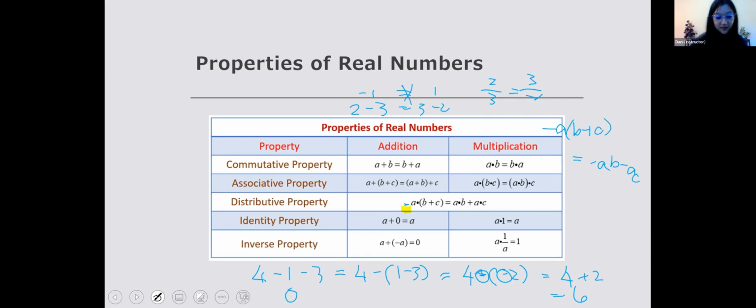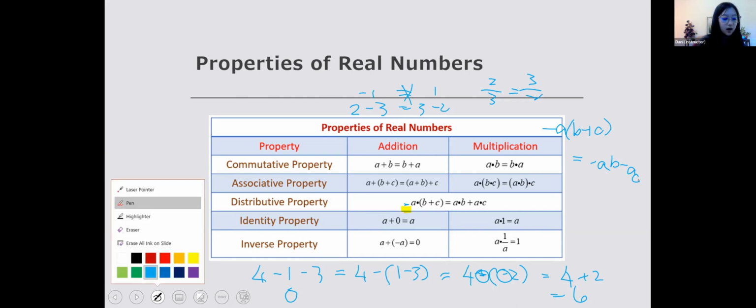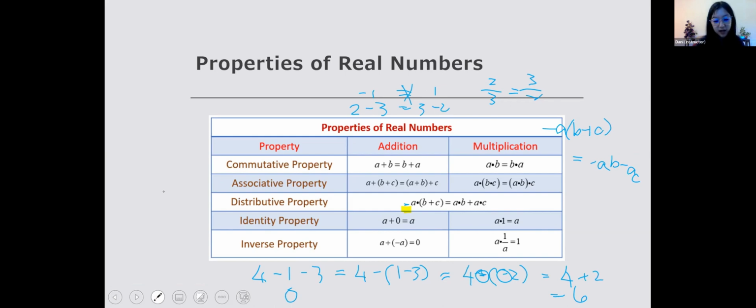Okay, so the identity property is pretty straightforward. If we have a and we add or subtract 0, it would remain the same number or variable. In multiplication, if you multiply or divide by 1, it would still be a.